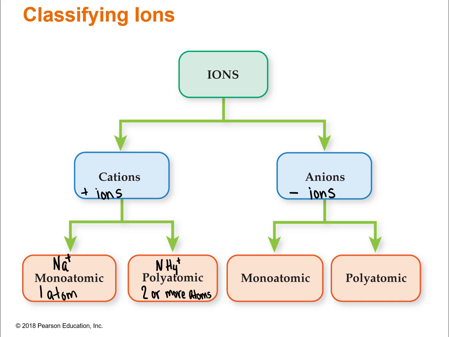Now, when we talked about positive ions, what we really said is that we're looking at metals, because metals lose their valence electrons and become positive. For anions, we're talking about nonmetals, because they gain electrons to form ions.